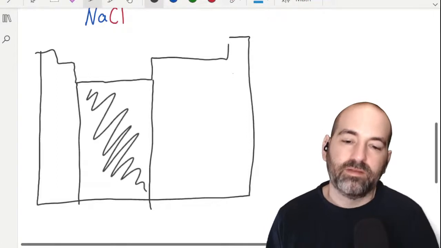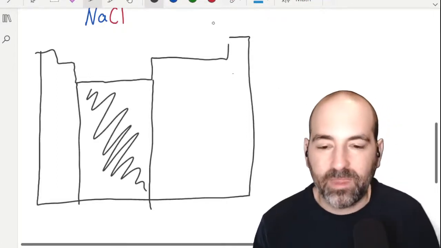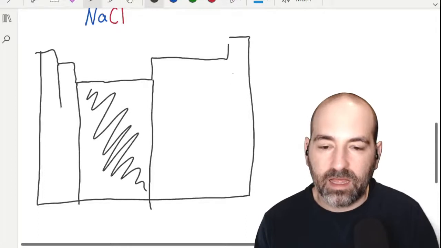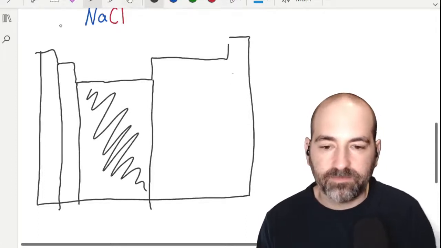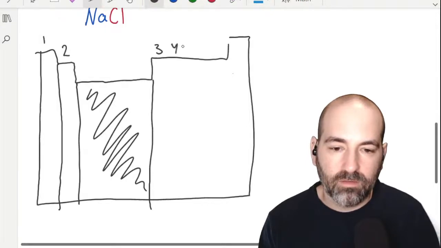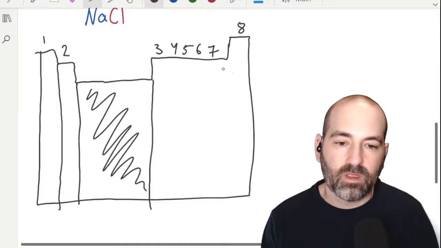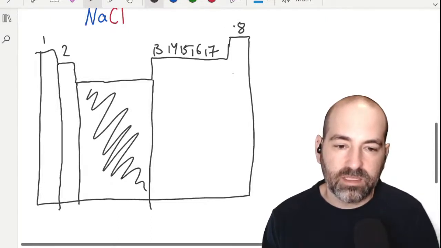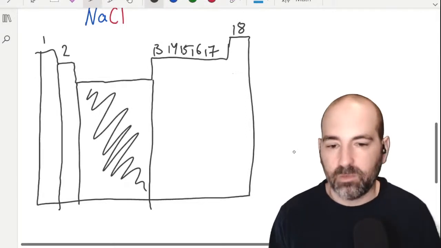Let's not think about that right now. Instead, we're going to focus on these first two columns. So here's 1 and 2, 3, 4, 5, 6, 7, and 8. That would actually be 13, 14, 15, 16, 17, and 18 with the normal numbering.